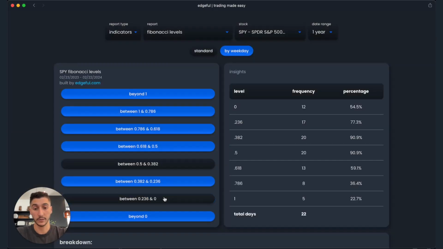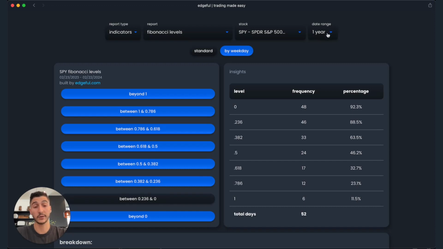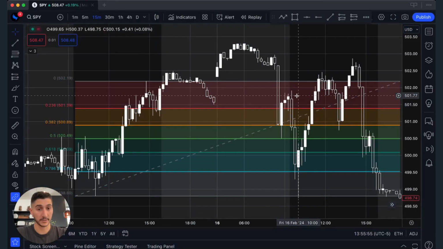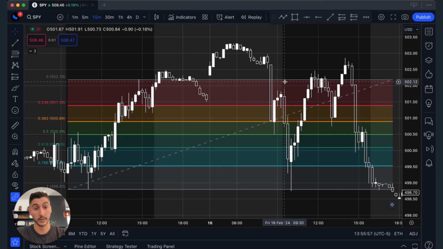So in this case, you'd click right here. And now we're looking in the trailing 1 year at all of the days that opened between these two levels, between the 0.2 and the 0, which is what happened here. So price opened between the 0, which is this gray line, and this red line, which is the 0.2.